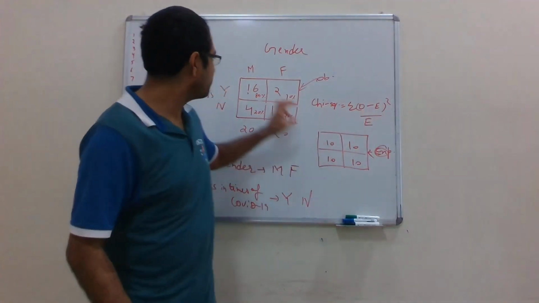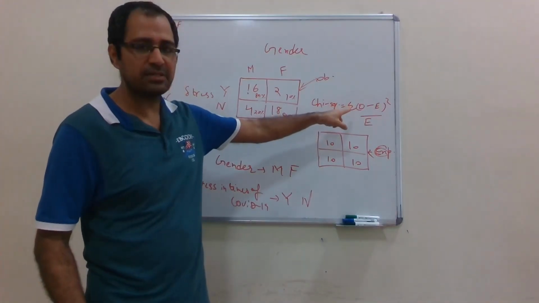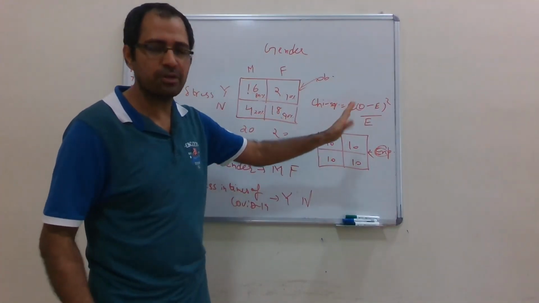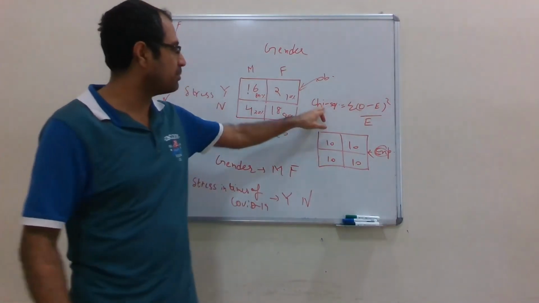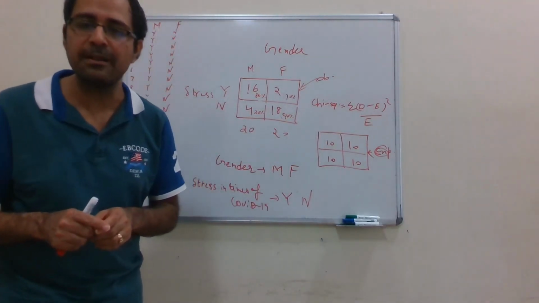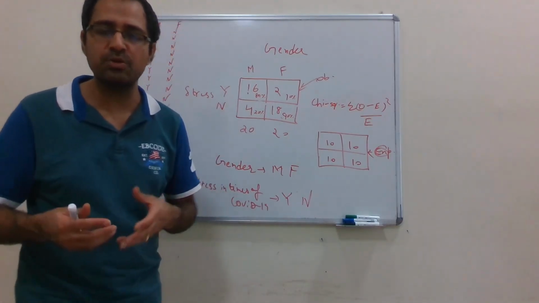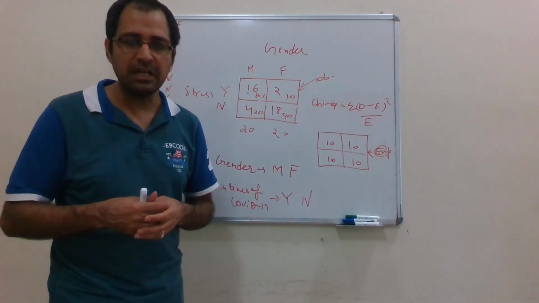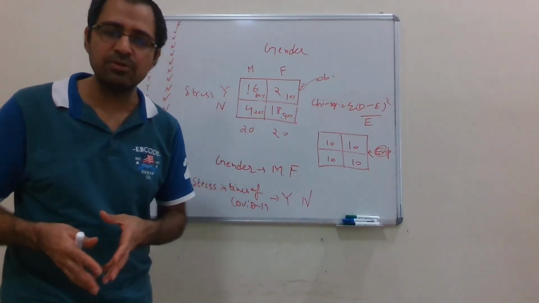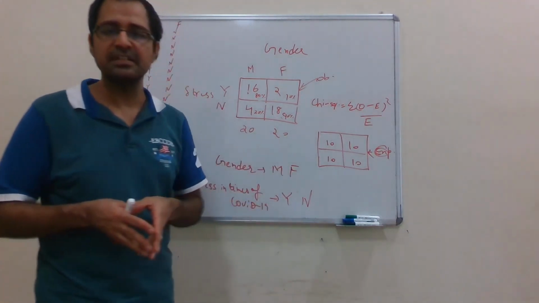So for this cell, observed is 16, expected is 10. You can calculate that and do it for all 4 cells and calculate the number. That will be the chi-square number. And whatever chi-square number you get, you have to see the chi-square table at 95% level of significance. If that value is beyond a critical value, then you say that there is a difference.